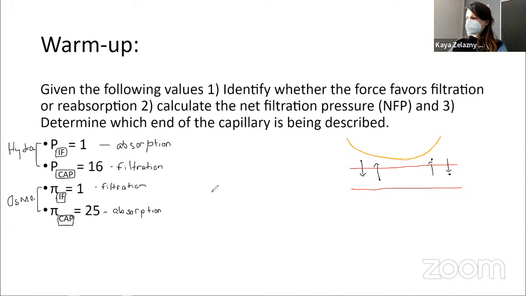Okay. So to do that, we're going to get a number and we're going to add together our forces for filtration. And because we start with these forces for filtration, that means that when we get a number for our NFP, if it's positive, that says we have more forces for filtration. So positive numbers are going to mean filtration is happening. So we subtract our forces for absorption or reabsorption.